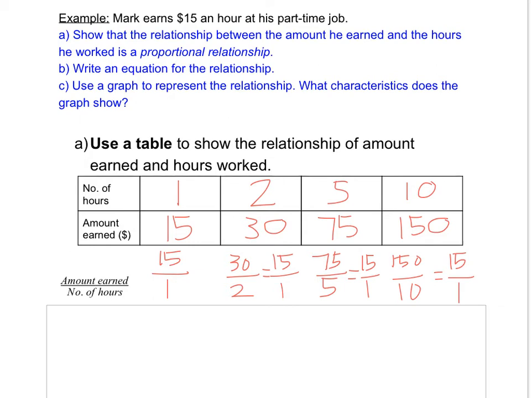So now that we see that all of them are the same, all of these ratios are equivalent. And by the definition of proportional relationship, this is a proportional relationship because all the ratios between those two quantities are constant.